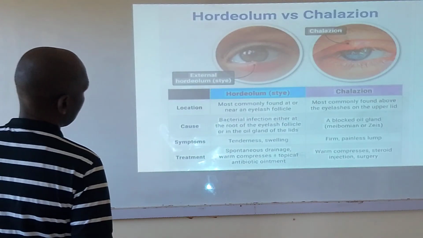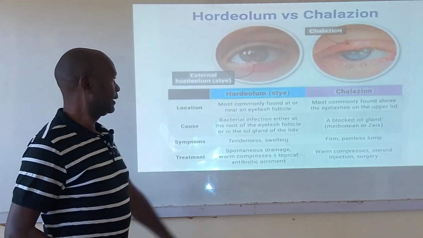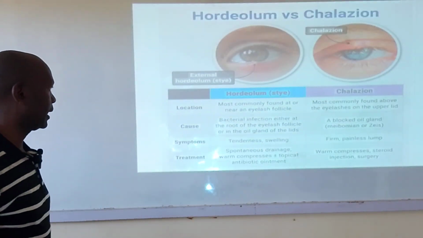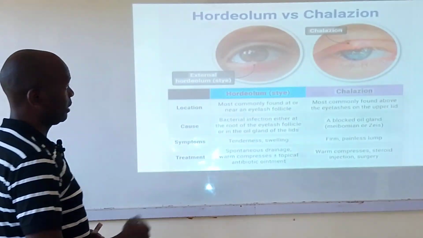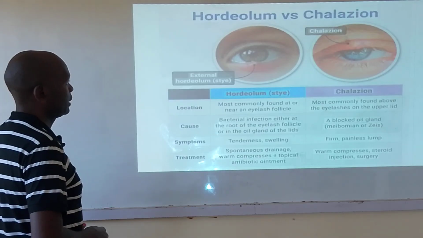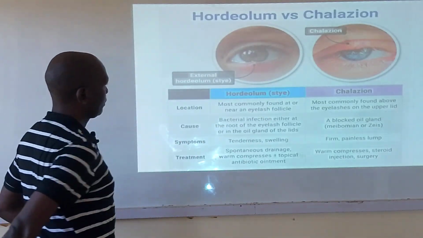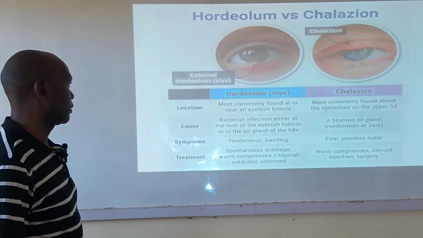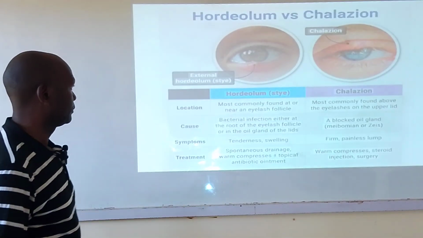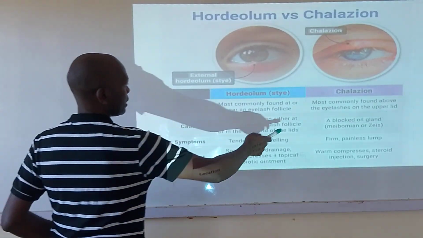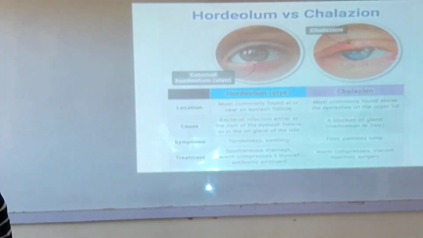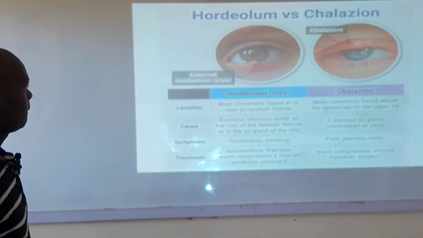So we are saying that for a hordeolum, which is a sty, it is most commonly found near an eyelash follicle. So the bacteria enters this area through an eye follicle down there, and then it causes the sty. While the chalazion is most commonly found above the eyelashes and on the upper eyelid.